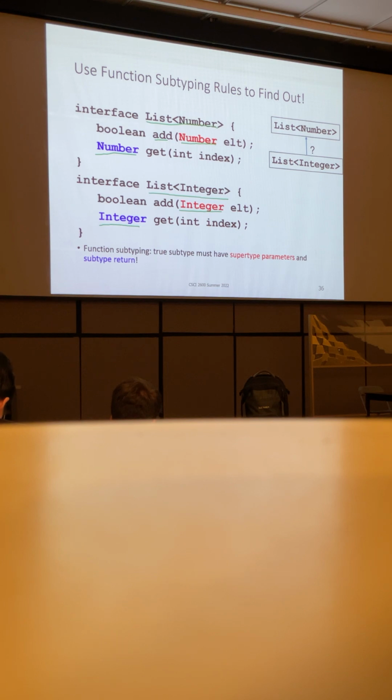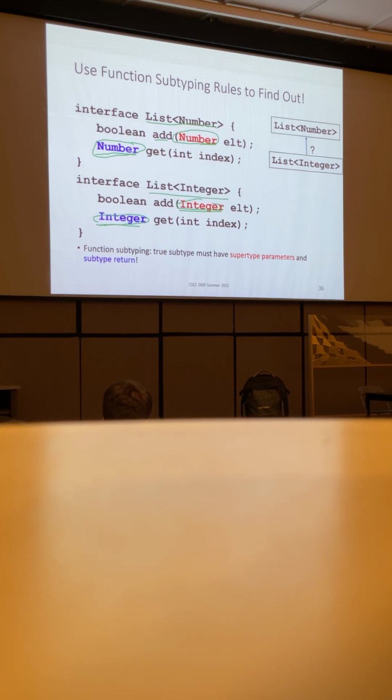And we see the problem with subtyping, right? Because it's not a true subtype, right? A true subtype would have had super type parameters and subtype return. So there's no problem with the return type. Integer and list of integers is indeed a subtype of number from list of numbers. Right? That's why they're shown in blue here. But here, for the parameters, we have a problem. Right?